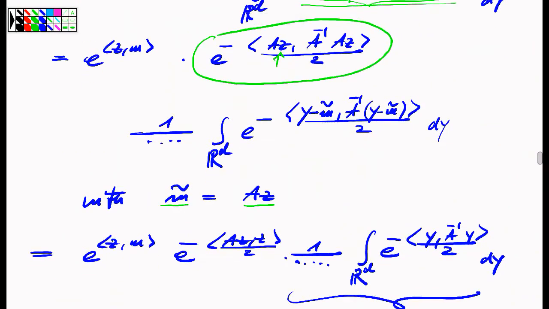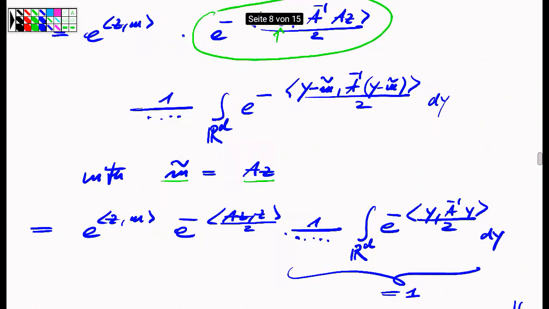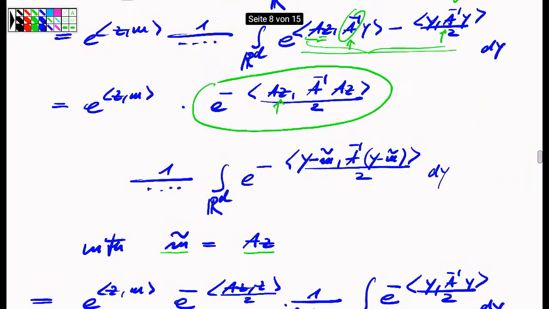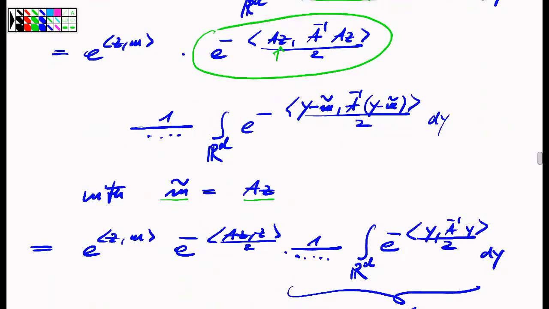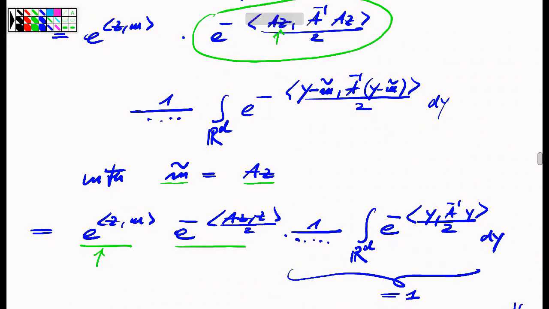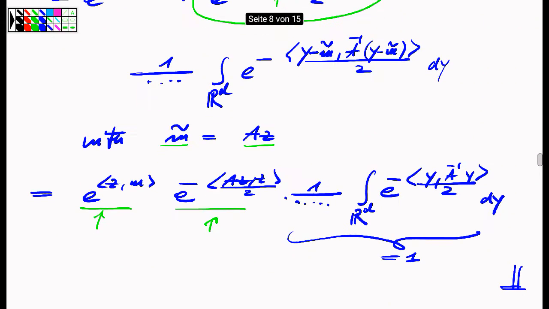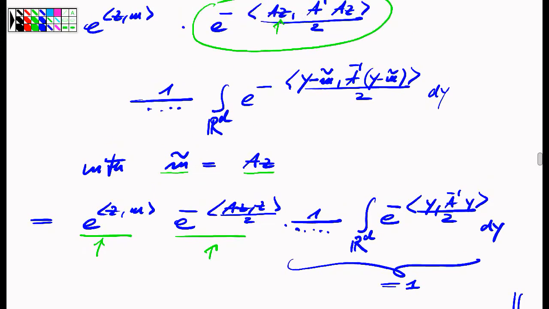Okay. And so, in fact, I now have a product of two terms in front of the integral. The first term was obtained by the additive shift, and the second term was coming out of the integral through a completion of the square. And the integral that actually remains is an integral of an exponential of the quadratic form induced by A minus 1 modulo a shift.